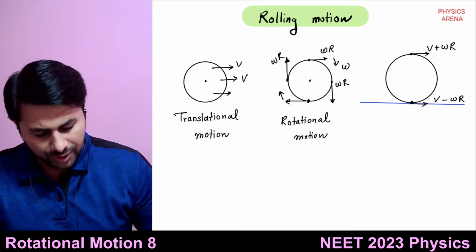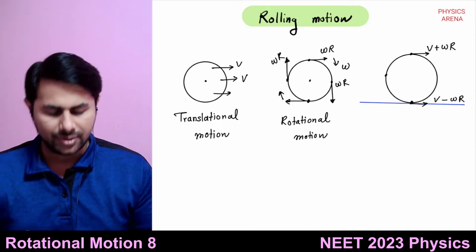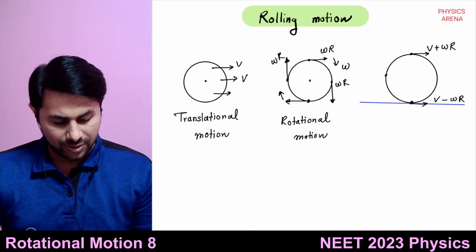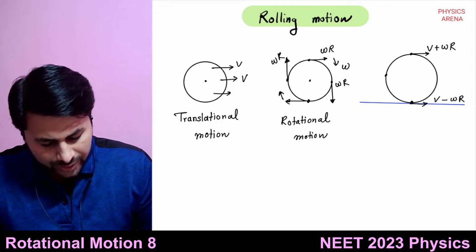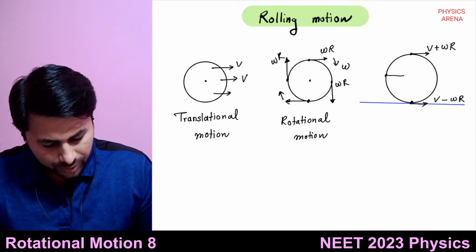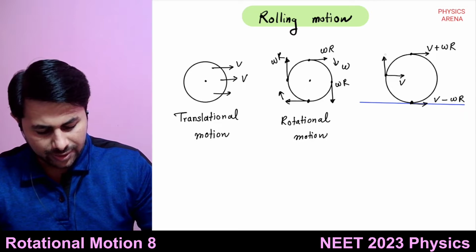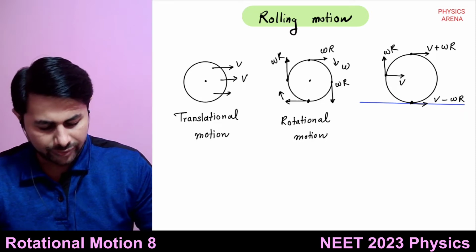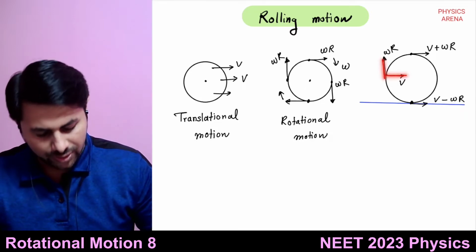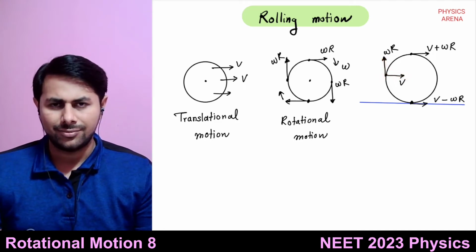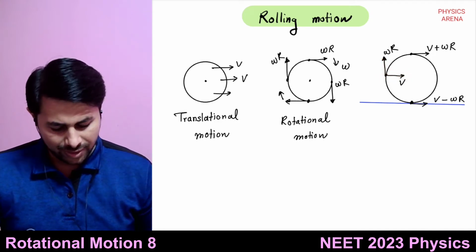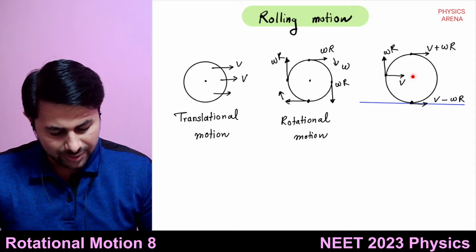Then if you think about the particle at this point, what will be its velocity? v is in this direction and omega r is in this direction, so it will be the resultant of v and omega r. Then what about the center of mass?